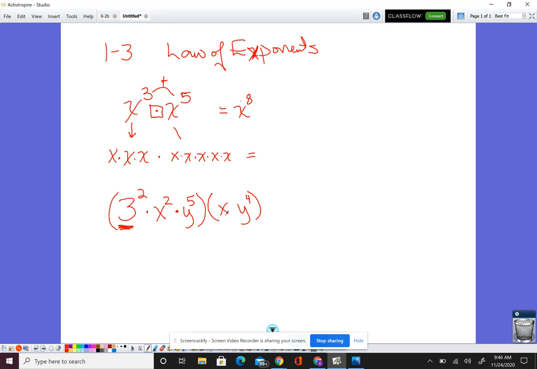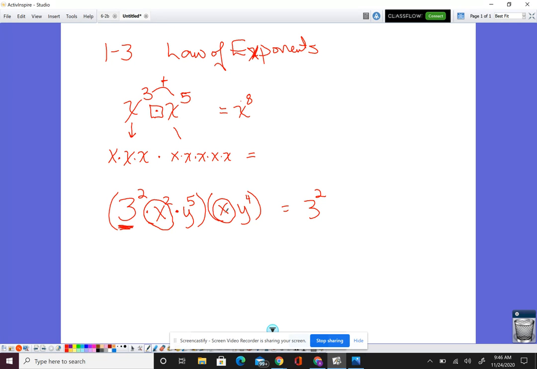There's no other base of that same number over here. So our answer gets written down with 3 squared.